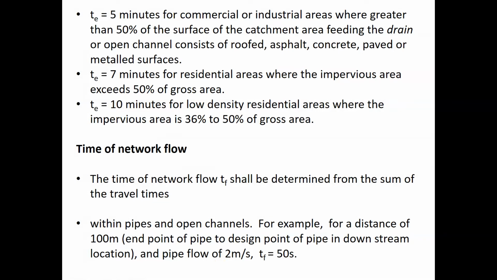Usually the flow rate will be controlled by the gradient of the stormwater pipe, or in other cases the slope of the open channel, table drain or line drain. Then that will give us the TF.